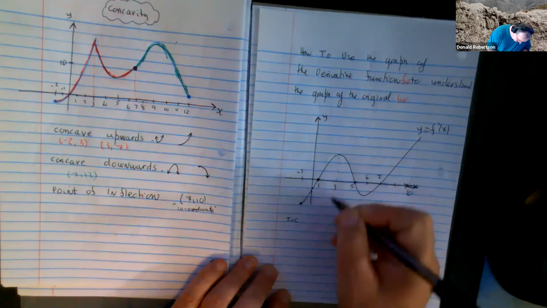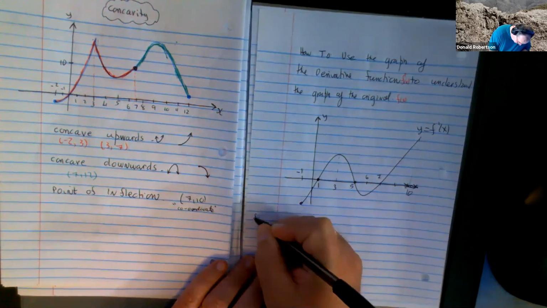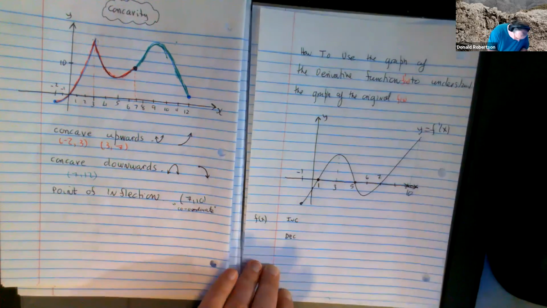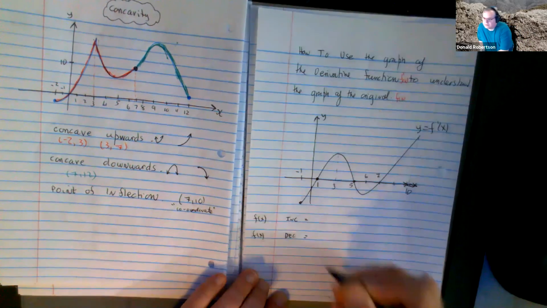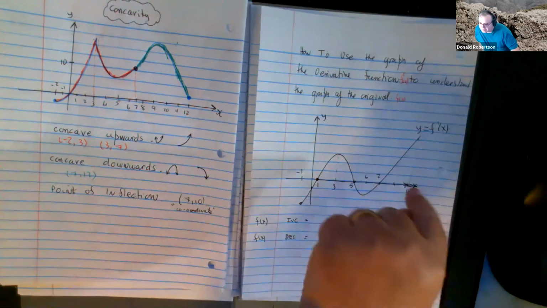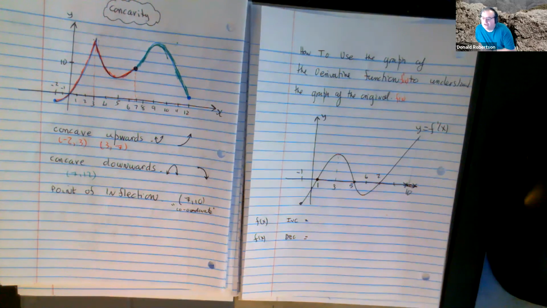From this graph, I can tell you the intervals in which the original function, f of x, is increasing or decreasing. Remember, this is a derivative function, not the original. So won't the original function be increasing when the derivative is positive? Agreed?